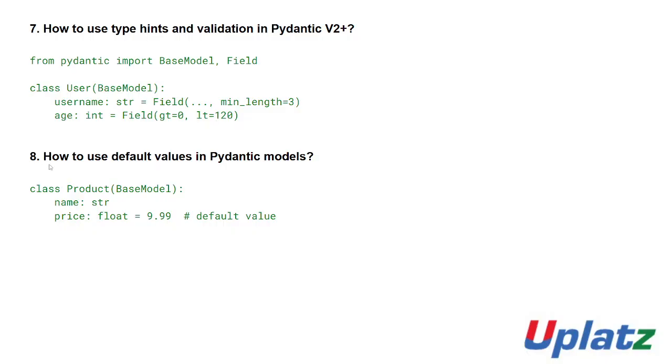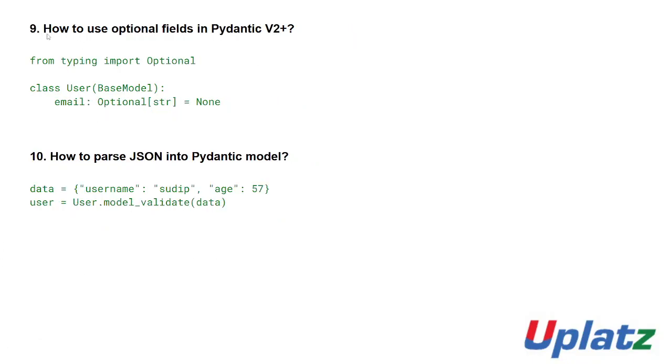8. How to use default values in Pydantic models. class Product, which has the parent class BaseModel: name of type string, price of type float, default value is 9.99. This is how a default value is used. 9.